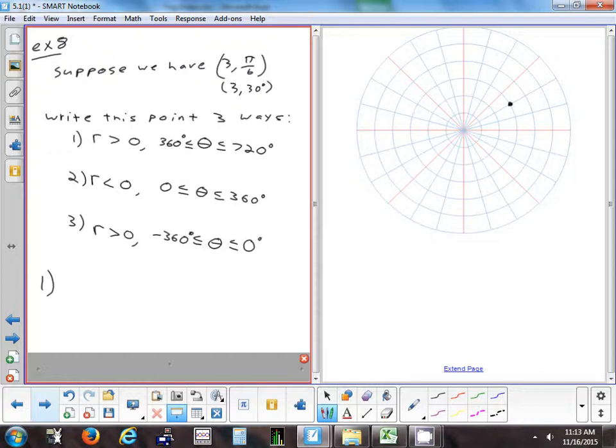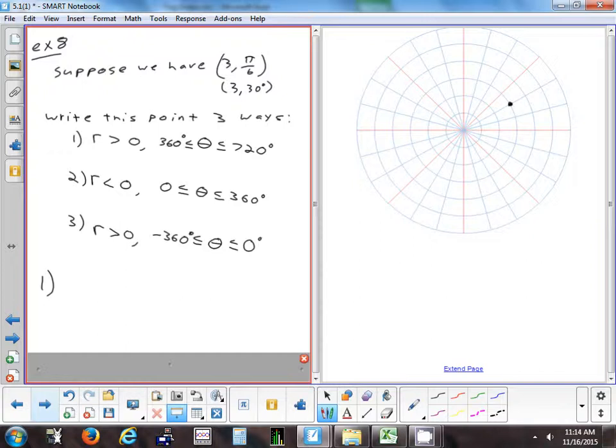All right, so from all these problems, you've only got 2 choices for R. Okay, if you want to land on the 3rd ring, what are your 2 choices for R? You have to use 3 and negative 3. If you use something other than that, you're not going to be on the 3rd ring. I didn't mention this, but you can go in between rings too, like 3.5, that's fine. Just like in graphing, we can go halfway between 2.